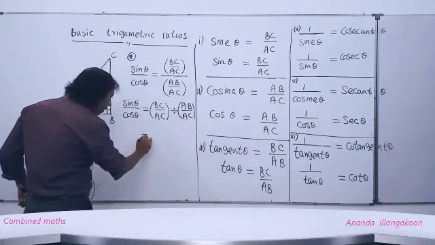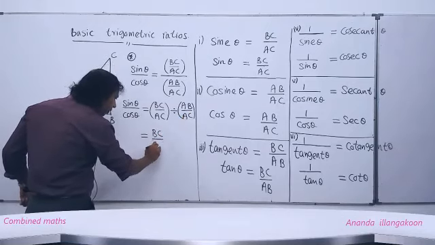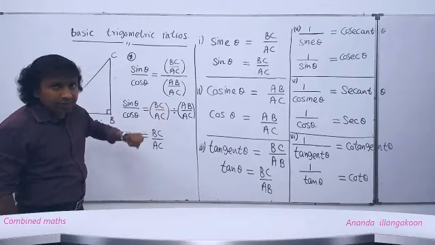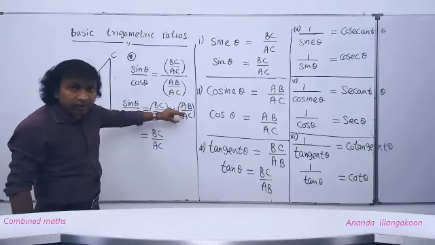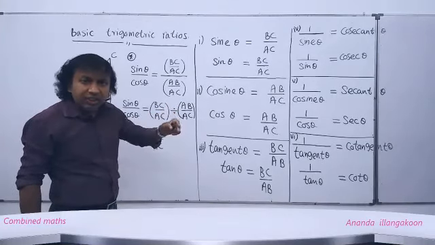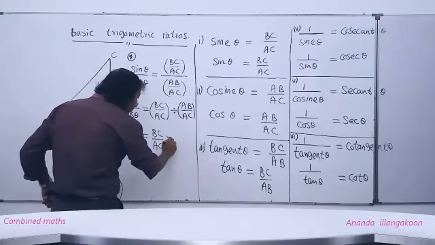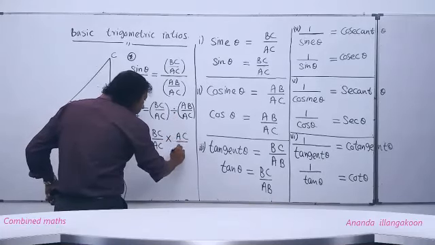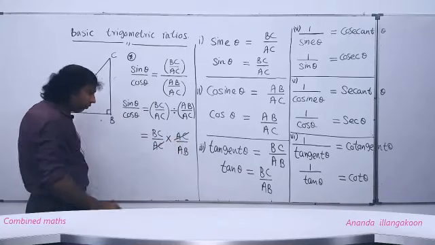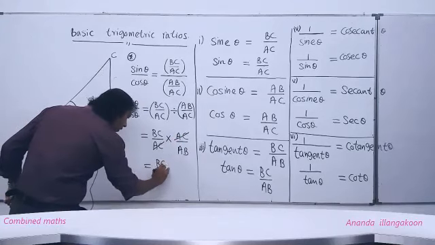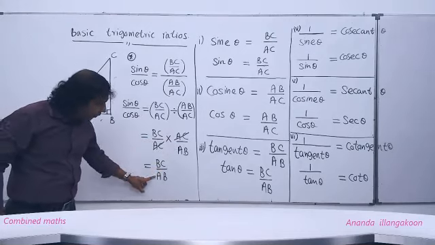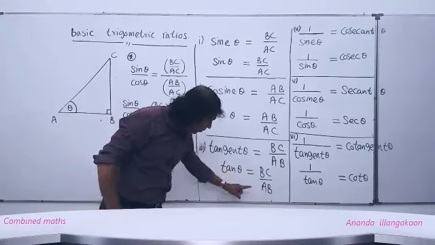Now I can write BC divided by AC, with the division sign changed to a multiplication sign, taking the reciprocal of the fraction. Reciprocal means we interchange numerator and denominator. This is multiplied by AC divided by AB. The AC and AC cancel, and we get BC divided by AB, which is tan theta.